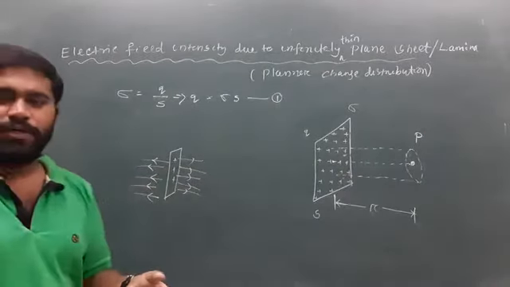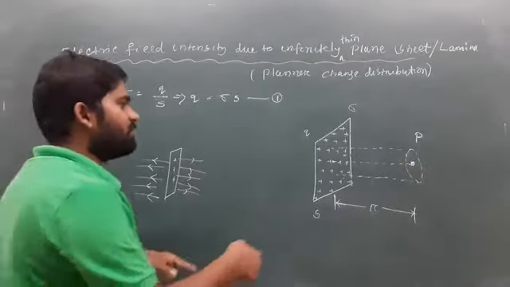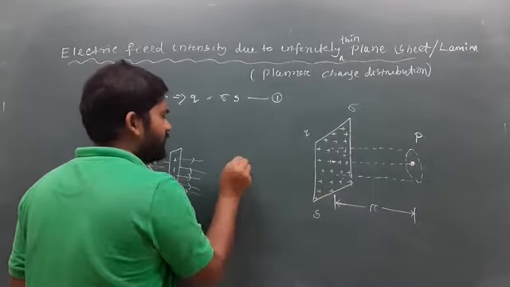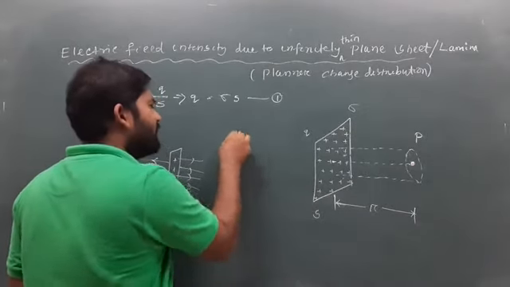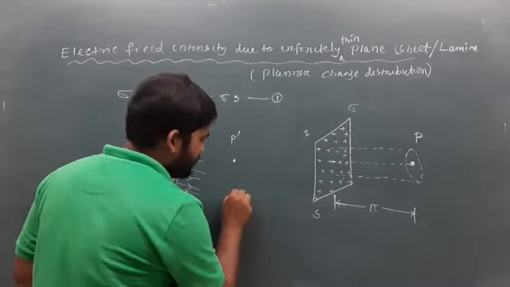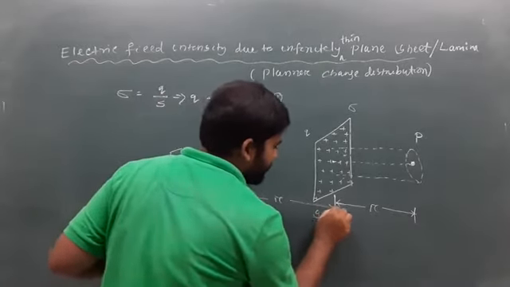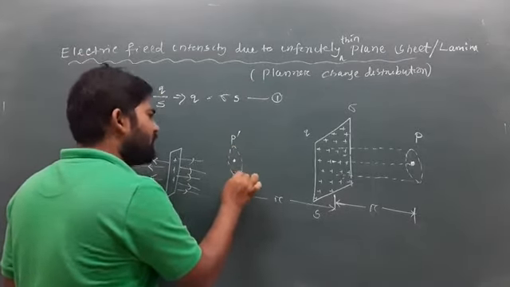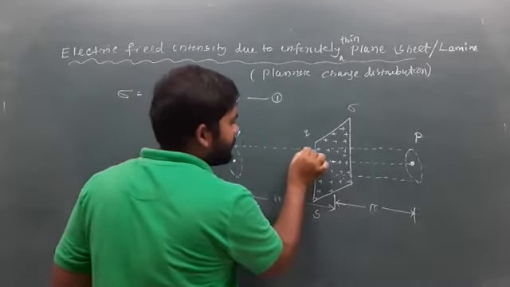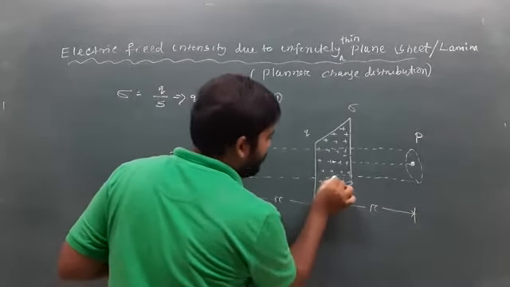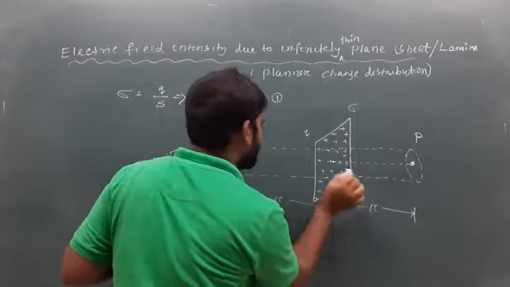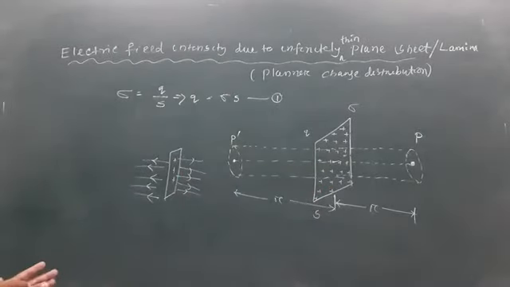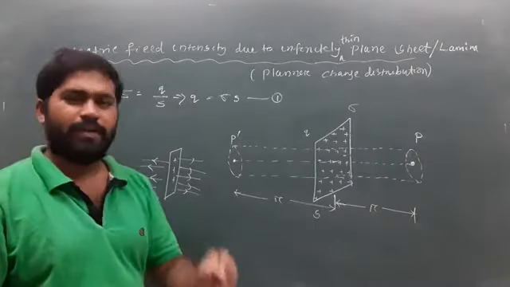So that's why we have to take a similar imaginary point P on the opposite side of the plane sheet, at the same distance r. We also have to draw a cylindrical surface on the opposite side of the plane sheet, and this is the total Gaussian surface for that plane sheet.